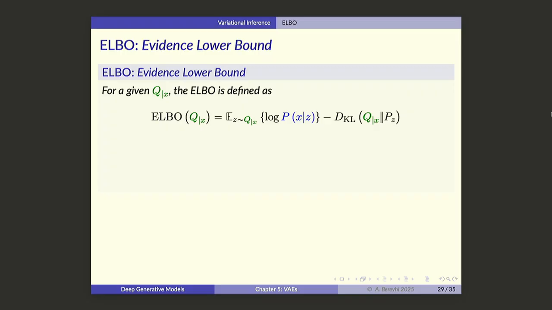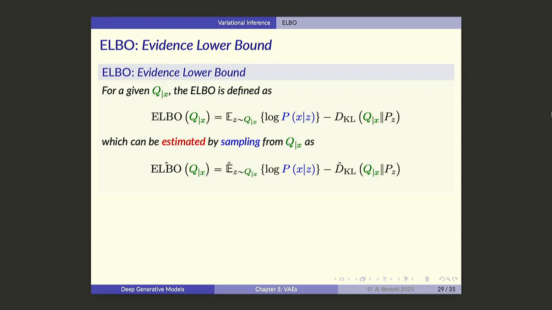I can estimate both of these expressions. The KL divergence, I can estimate it. This particular expression, again, I can estimate it by sampling. And ELBO, the evidence lower bound, is something computable, whereas the evidence itself is not computable. Okay?